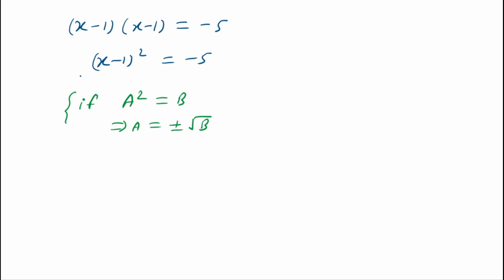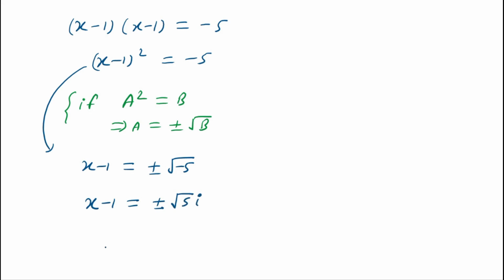If we apply this rule here, then you can say x minus 1 is equals to plus minus square root of minus 5. Square root of minus 5 is square root of 5 times iota. Then x is equals to 1 plus minus square root of 5 times iota.